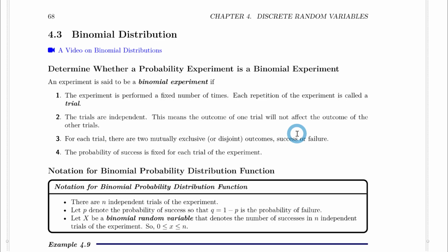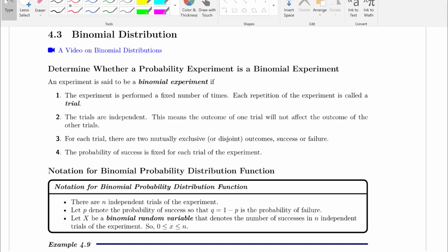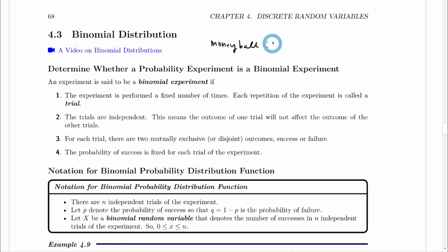If you've ever seen the movie Moneyball, it has Brad Pitt in it, but it actually talks about how baseball introduced the concept of probability and the chances of winning using the binomial distribution, and that's one of the techniques used with the Boston Red Sox when they won some time ago. So the binomial distribution is a very widely used concept in many different disciplines.